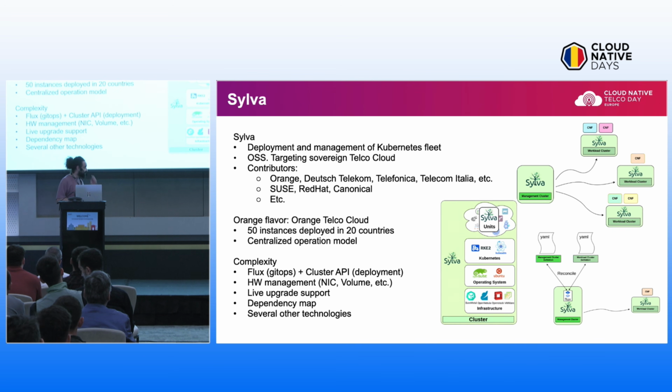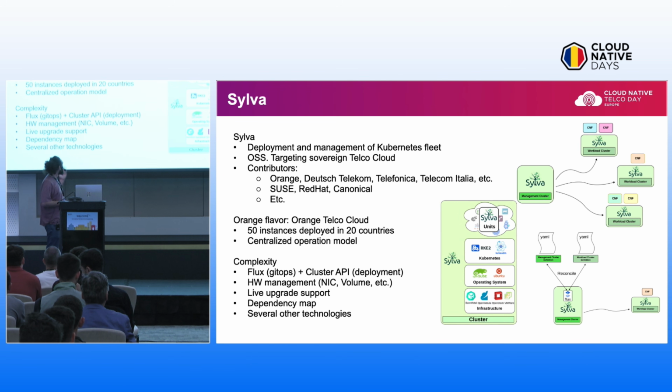And as a Kubernetes flavor, I should have updated the slides a bit, we support RKE2, kubeadm, Canonical Kubernetes, and OpenShift as Kubernetes distributions. On top of it, we install a lot of tools and other software stacks that we need to have the entire lifecycle management assured with Sylva.